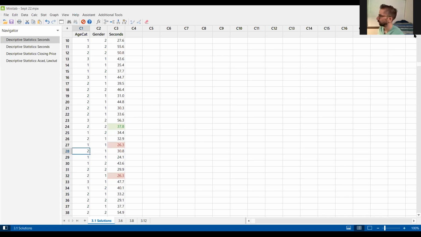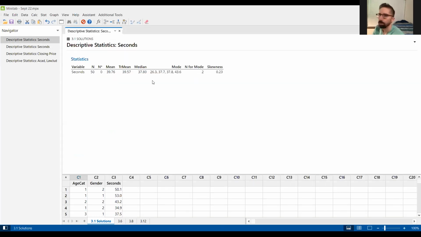I just wanted to show you that there's a tie here for those four values. Each of these is repeated twice, so these are the mode. There's no number in the data set repeated 3 times. It even tells you here, N for the mode is 2. So it actually counts it for you, which is nice.